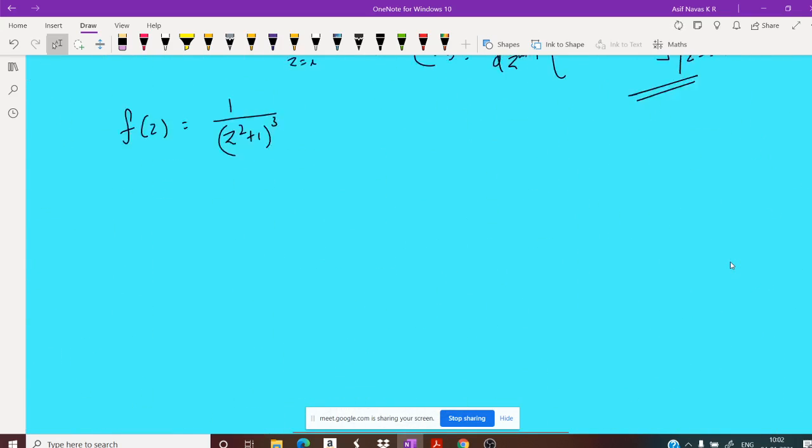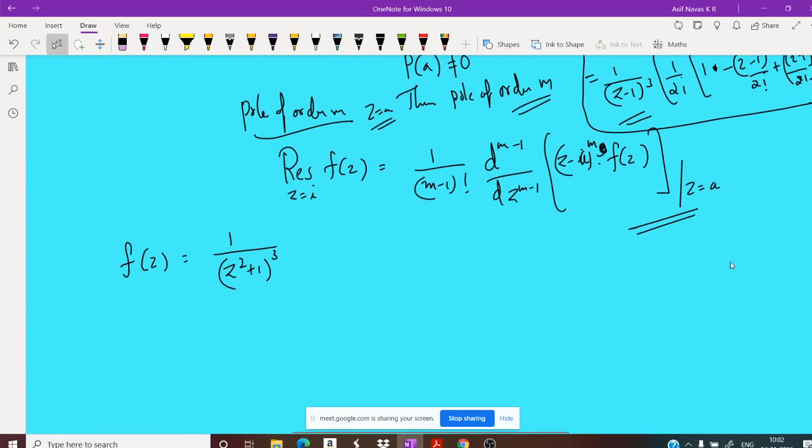So how to find it? Here z equal to i is a pole of order 3.